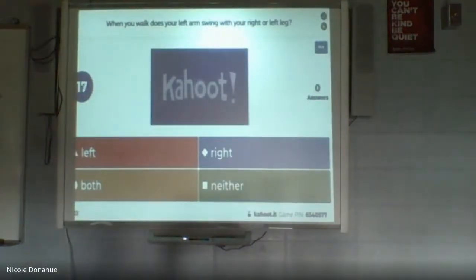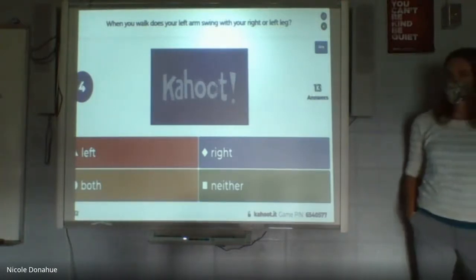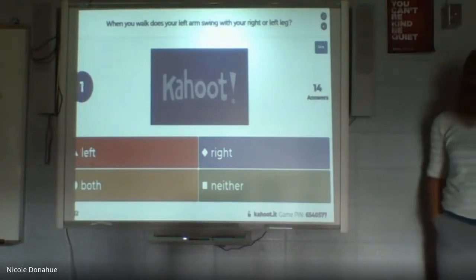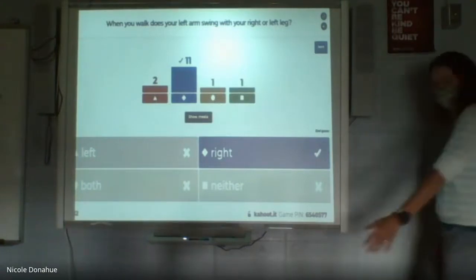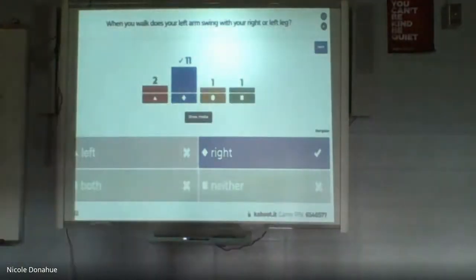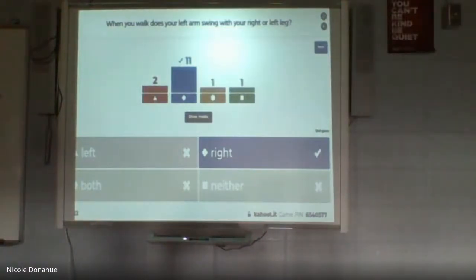When you walk, does your left arm swing with your right leg or left leg? So when your left arm goes, does it move when you move your right leg or your left leg? I think I got it. Well, this doesn't make sense, because what if someone does it the other way? I'll show you how ridiculous it looks when someone does it the other way. I got it. So if you do it the same arm, same leg, this is the way you walk. That makes sense. My track coach in high school used to say, don't dork skip, because every once in a while we got a kid that skipped like that.